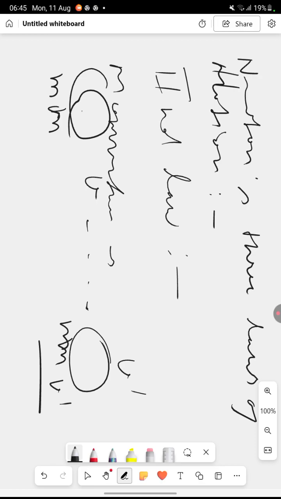Why did this momentum change? We have applied an external force on it that changed its momentum. That externally applied force is directly proportional to this change in momentum.